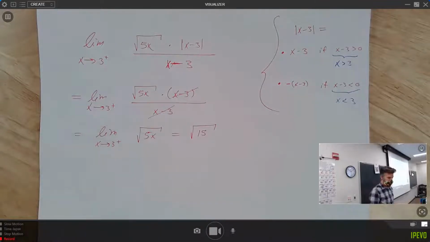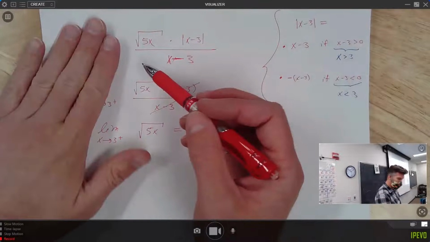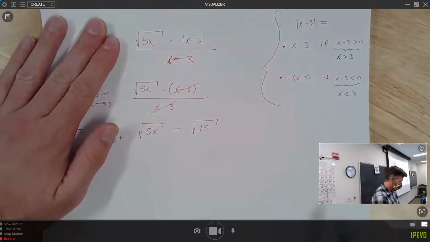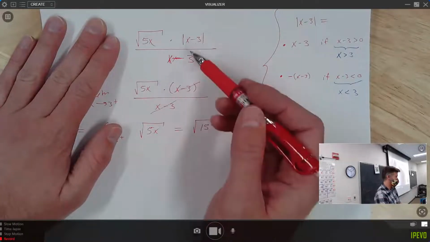Point of interest, or thing to remember: until you actually substitute in x equal to whatever x is approaching, you should be writing the limit in each step. Because this really means something. If you don't write this limit part here, all you're saying is you've got some expression, a function, whatever.